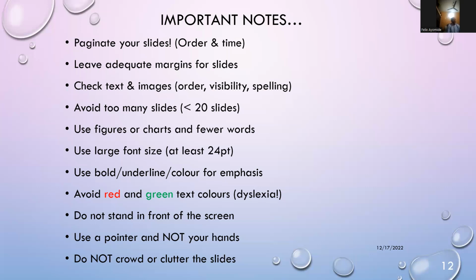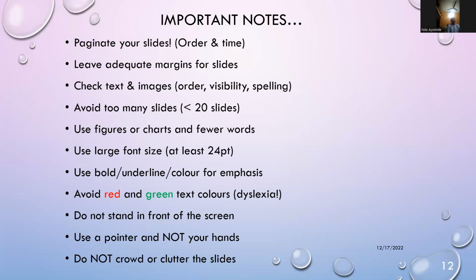You need to picture the distance of the audience to the screen, and then you decide how your lettering should look like, the font. I would recommend 24 points. Of course, 20 may be okay, 22 may be okay, depending on what you are trying to draft out.